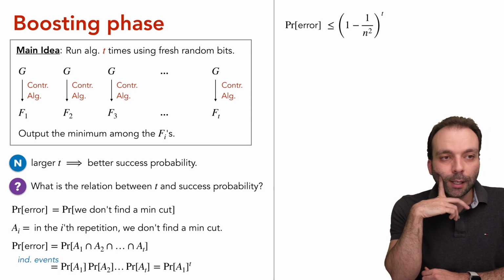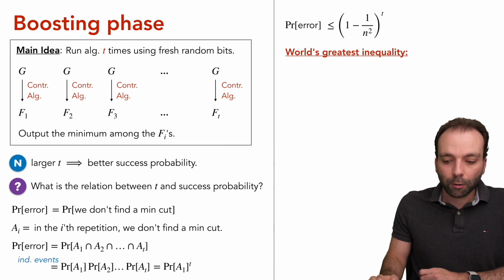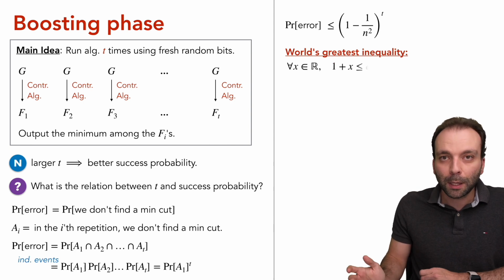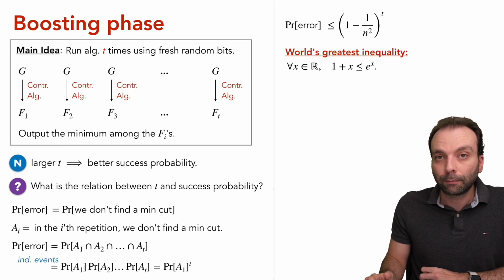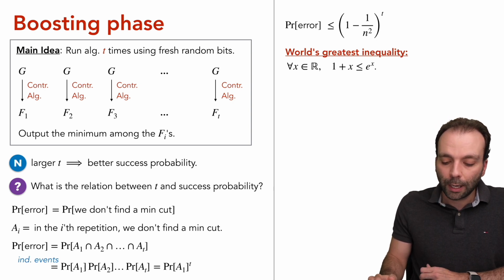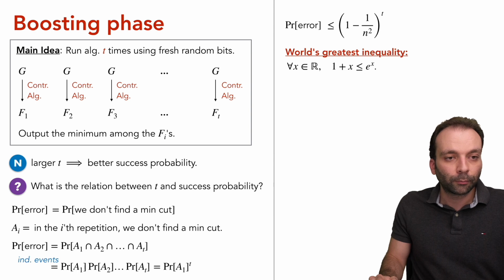This looks ugly. But here is where we're going to use the world's greatest inequality, something you've seen before in recitation last week. For all x, 1 plus x is upper bounded by e to the x. The proof, you want to see the proof?